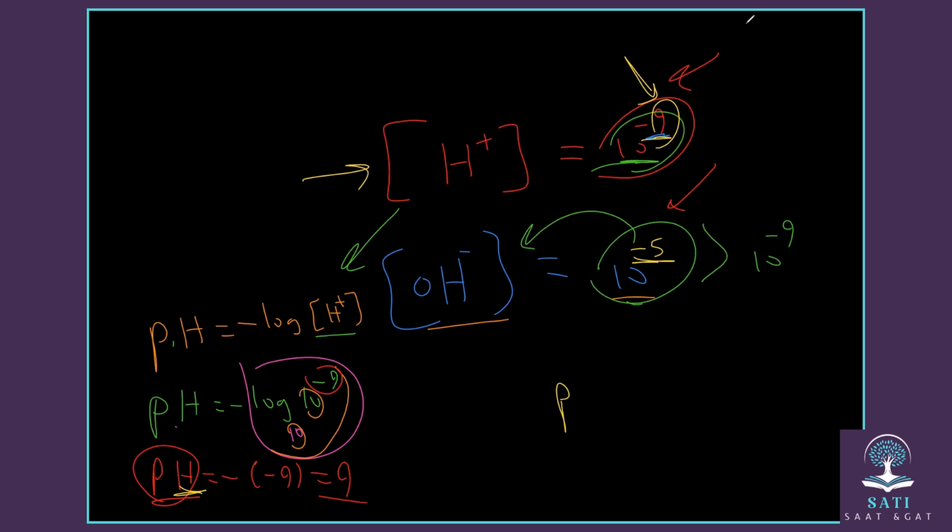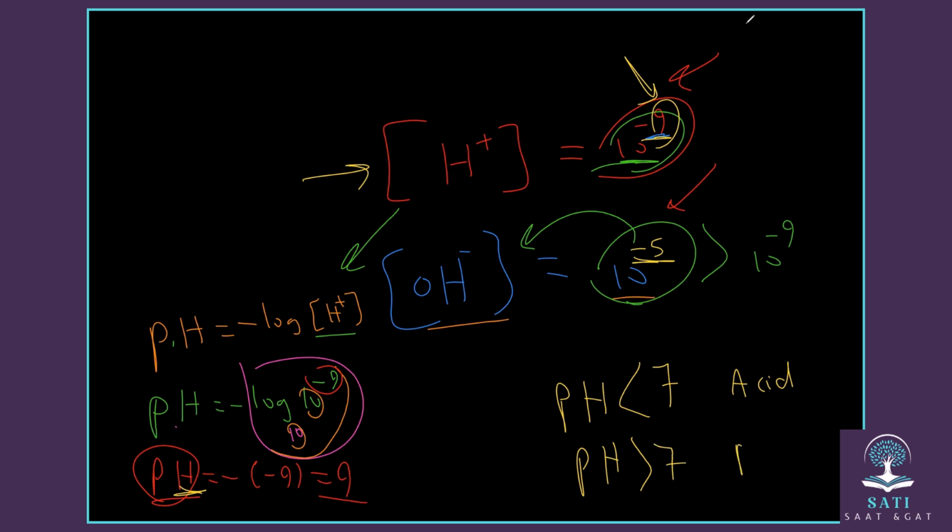For pH now, if the pH is less than 7, that means the power, regardless of it being negative, is less than 7. That means the concentration of H is higher, so this one is what? Acid. Good. What about if the pH is greater than 7?